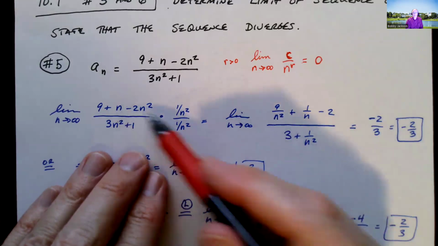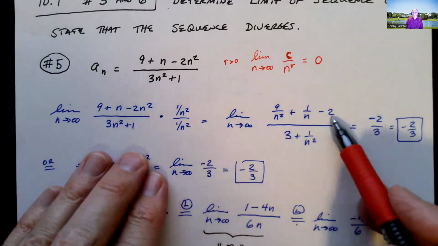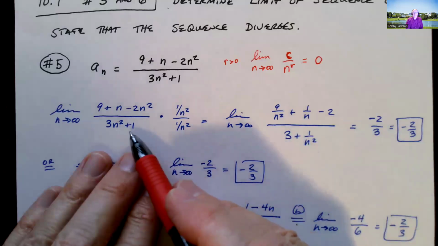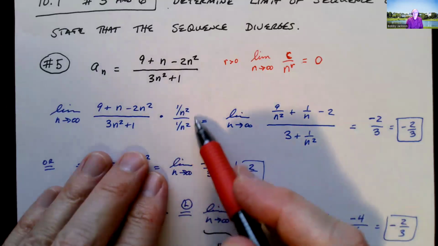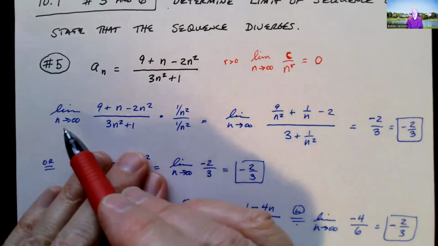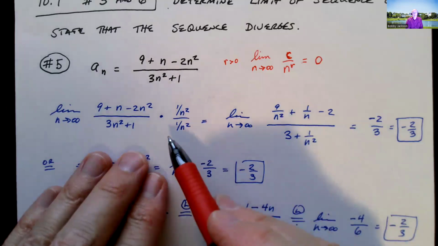N divided by n squared simplifies to 1 over n, and 2n squared divided by n squared is just 2. Here, dividing by n squared, I get 3 plus 1 over n squared. And again, I can multiply by this because this is equal to 1, and we're guaranteed n is not 0 because we're taking the limit as n goes to infinity, so we're certainly looking at positive values of n here.